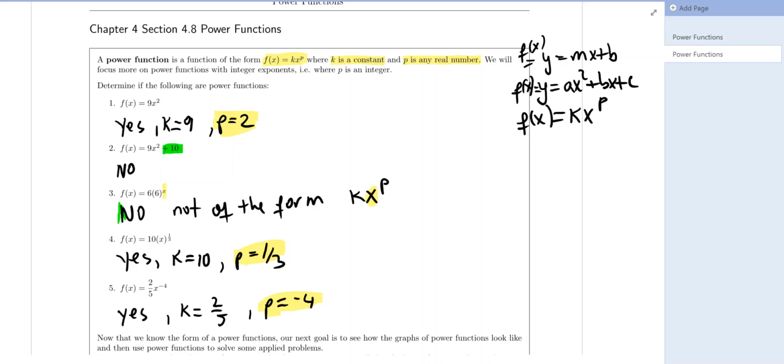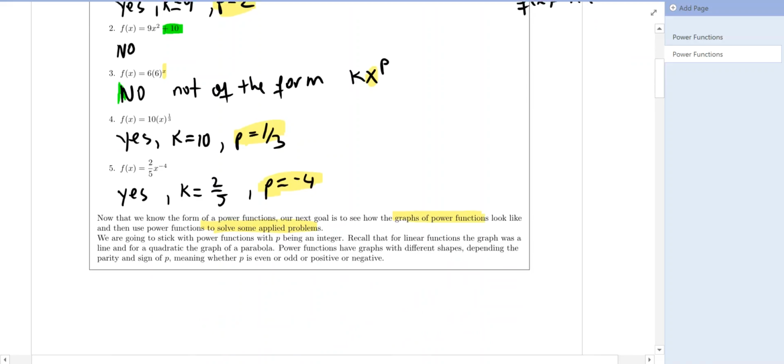Okay, so now that we know what these power functions look like, k times x to the p, our next goal is to look at how the graphs of power functions look, and then how to use these power functions to solve some applied problems. So the graphs and solving applied problems. Like I said, we're going to stick with power functions with p being an integer. So the graphs for power functions are a little different.